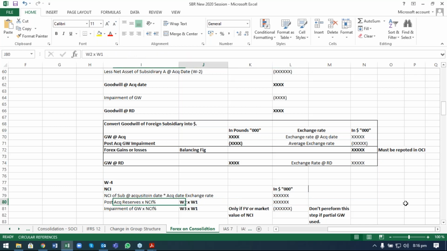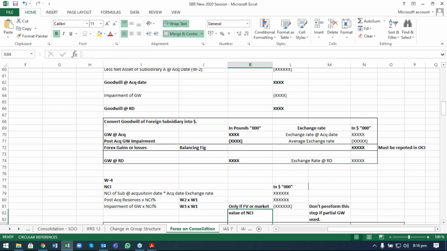Post acquisition reserve is multiplied by the NCI percentage. These are always provided in dollars, and we have already converted them into dollars. Impairment of goodwill is already converted into dollars. We need to multiply this one section. One more thing, this is also explained here.